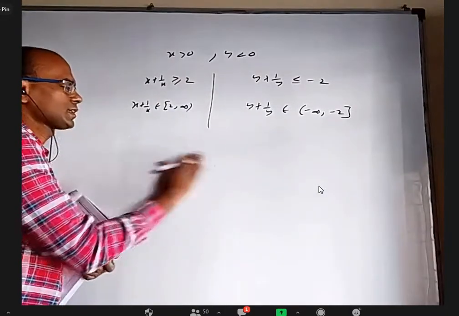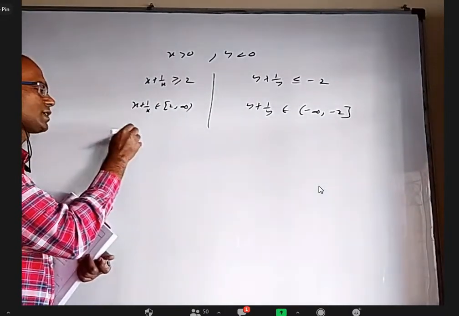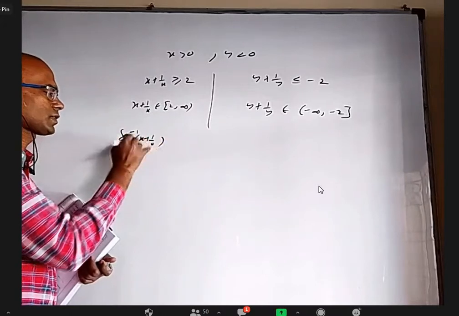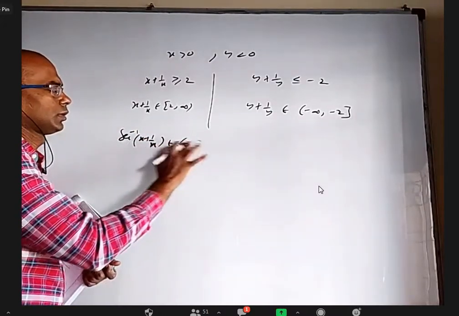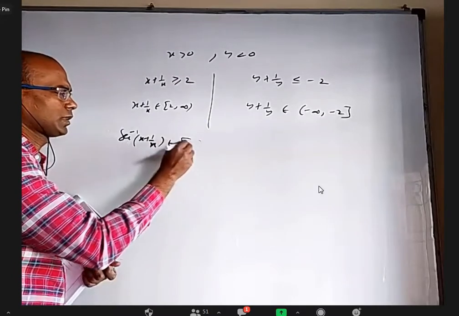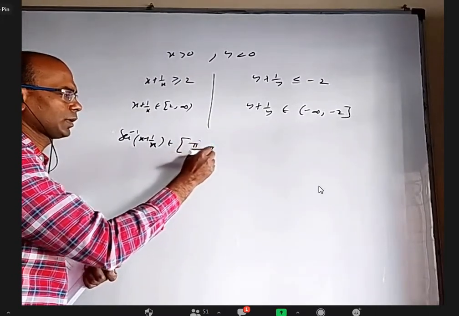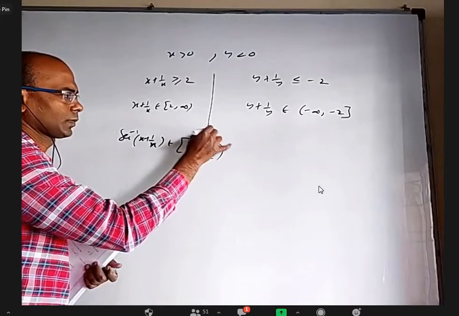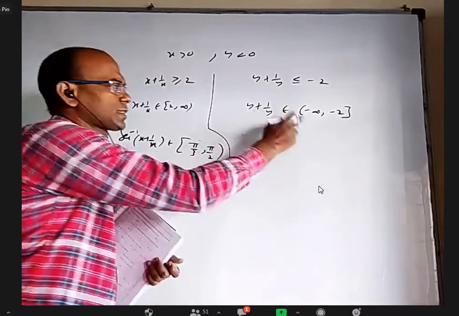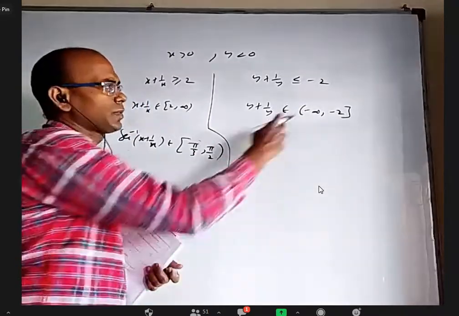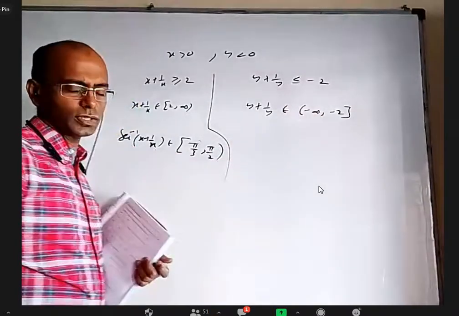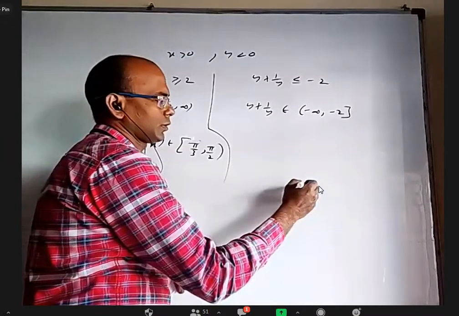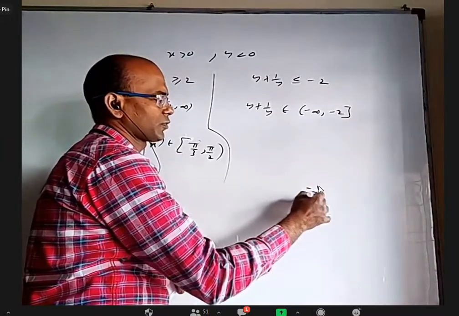So from this I can say secant inverse of x plus 1 by x belongs to closed pi by 3 to open pi by 2. Coming to this, these are secant values, cos values are the reciprocal of this, which means minus 1 by 2 to 0.